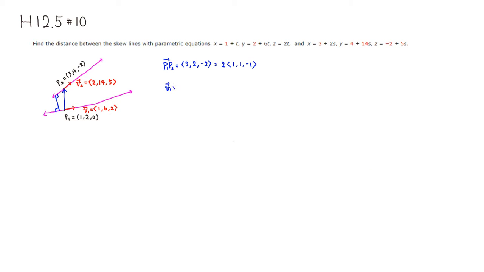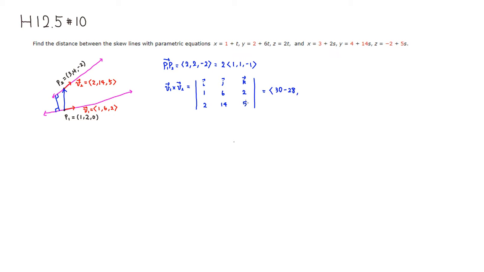V1 cross V2 is equal to the determinant with i, j, k, and V1 is (1, 6, 2), and V2 is (2, 14, 5). So the first component is 6 times 5, 30, minus 2 times 14, which is 28.